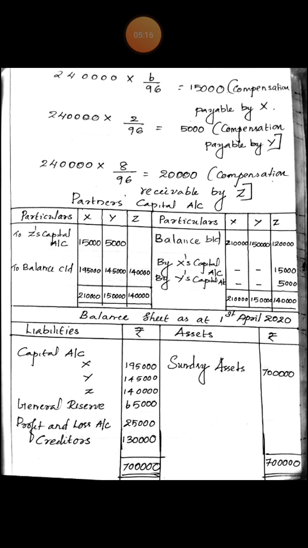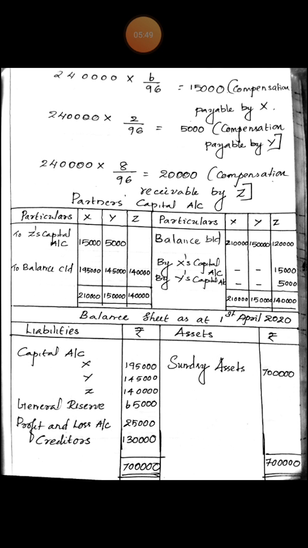Capital account of X is debited with rupees 15,000 because the compensation payable by X is rupees 15,000, and capital account of Y is debited with rupees 5,000 because the compensation payable by Y is rupees 5,000, and Z's capital account is credited with 15,000 and 5,000, that is the compensation payable by X and Y.